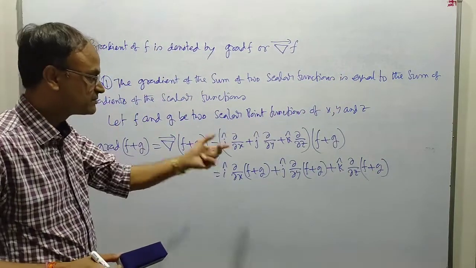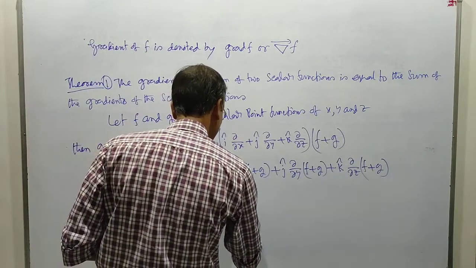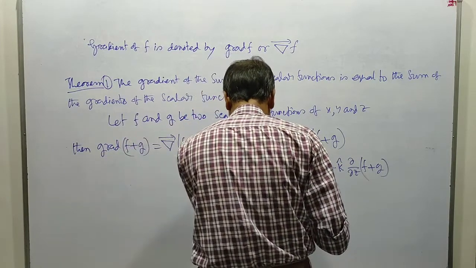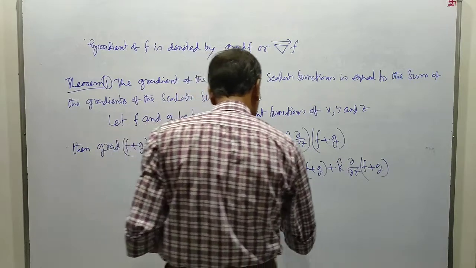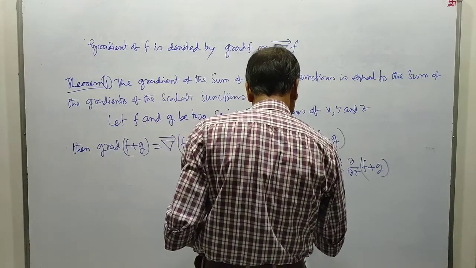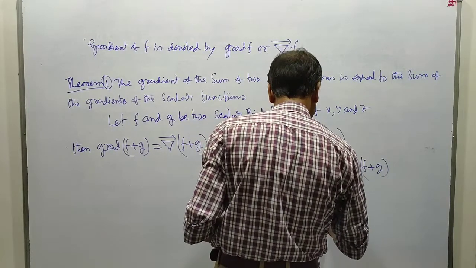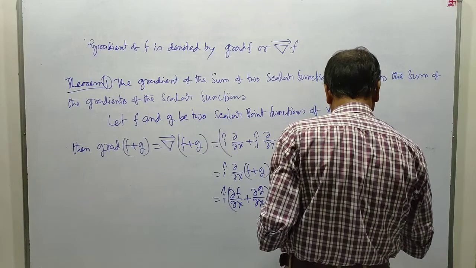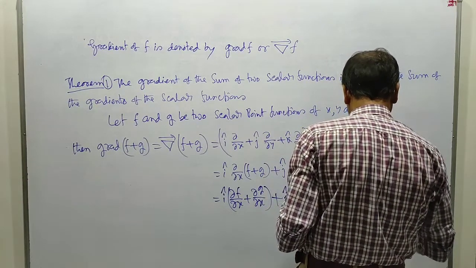By the definition, you may write this as i cap ∂f/∂x plus ∂g/∂x, plus j cap ∂f/∂y plus ∂g/∂y, plus k cap ∂f/∂z plus ∂g/∂z.